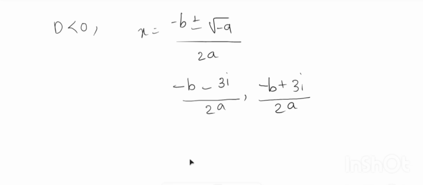In case of D is less than 0, we'll show it with an example here. If x is equal to minus b plus or minus root minus 9 by 2a, here the roots are complex.